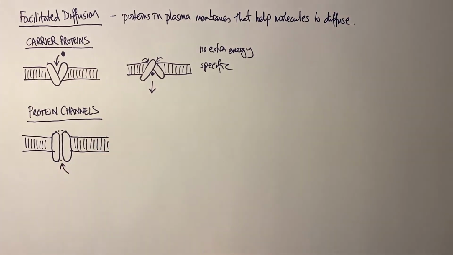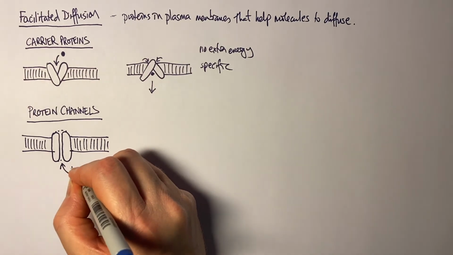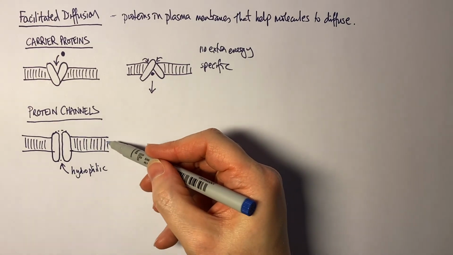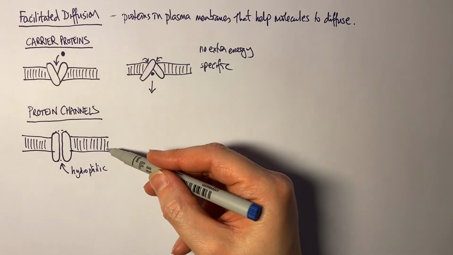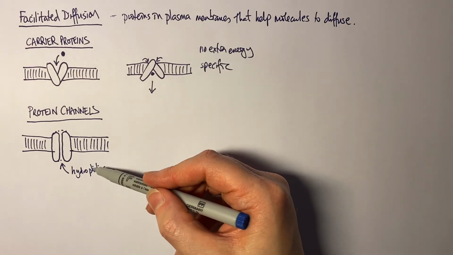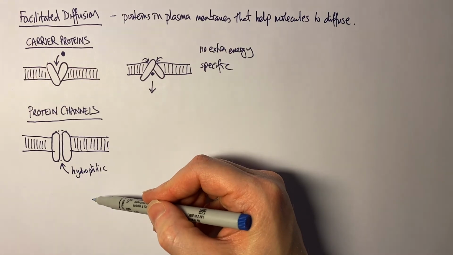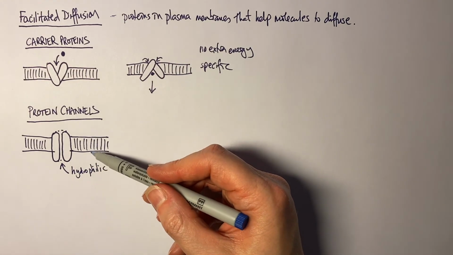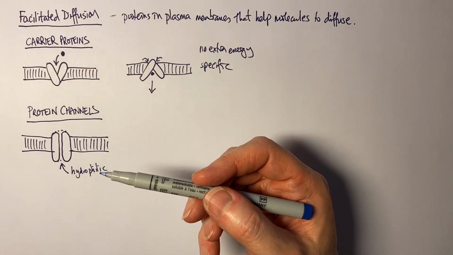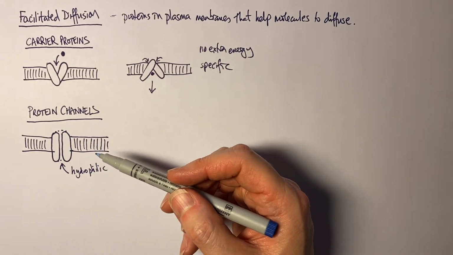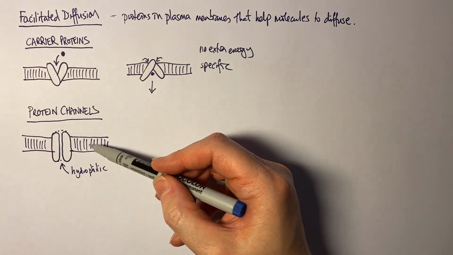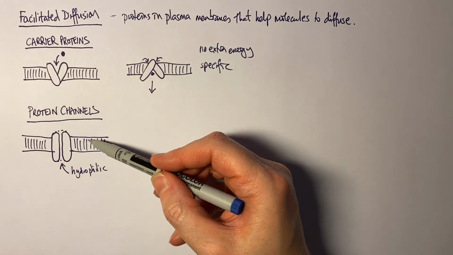It has got a channel, and that channel is usually hydrophilic. Remember, the middle of membranes are hydrophobic. They've got those fatty acid tails there, and that's going to stop water-soluble, hydrophilic substances passing through. And in a solution, the majority of solutes in cells are going to be hydrophilic because they can dissolve in water. So these substances are not going to find it easy to diffuse across the membrane.